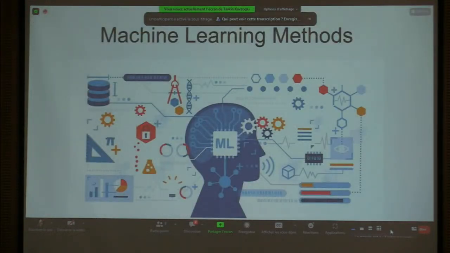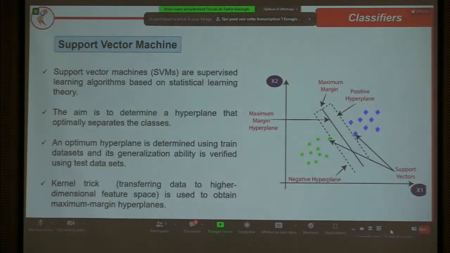I'm going to mention the machine learning algorithms we used in the study. The first one is the support vector machine. It is a bit older compared to the latest ones. Support vector machine uses a kernel trick. I'm sure you know about it.